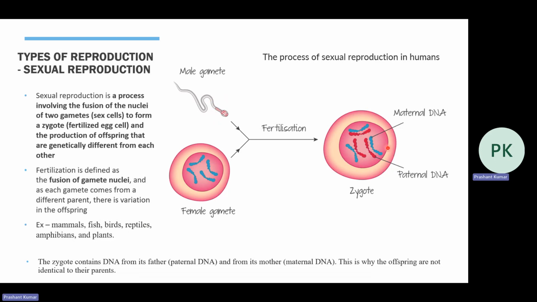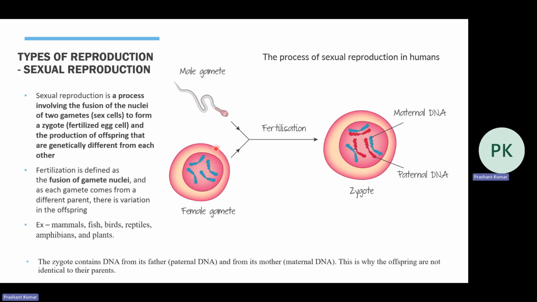So zygotes are diploid, and diploid means they have a complete number of chromosomes. Like take an example of human cells. Human cells have 46 chromosomes. So 46 chromosomes is the total number. So a cell having 46 chromosomes is always diploid. Haploid number is half the chromosome number, like gamete cells have half chromosome number, right?